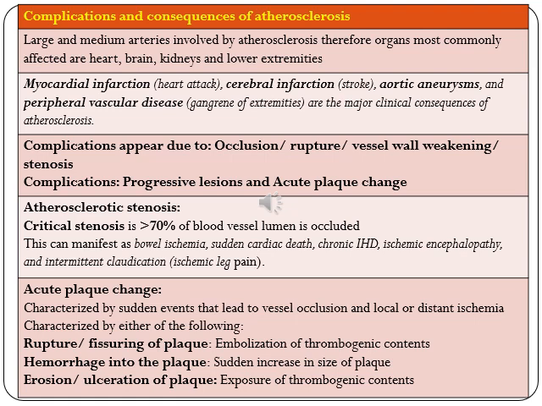Because of erosion or ulceration of the plaque, there will be formation of thrombus at the site of the atheroma, or this thrombus will get embolized, and that can lead to distant ischemia. So both local as well as distant ischemia can be seen in acute plaque change. If it stays at the site of the atheroma, it will lead to local ischemia, and if it embolizes, it can lead to distant ischemia.